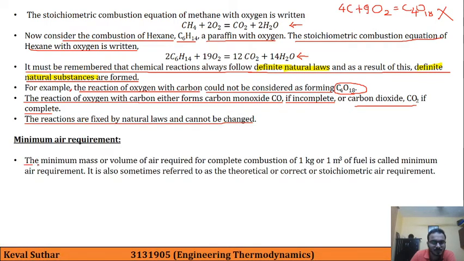The minimum mass or volume of air required for complete combustion of 1 kg or 1 meter cube of fuel is known as minimum air requirement. It is also sometimes referred to as theoretical or correct or stoichiometric air requirement.